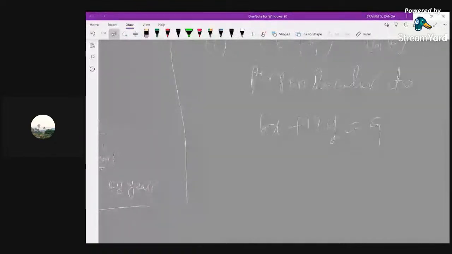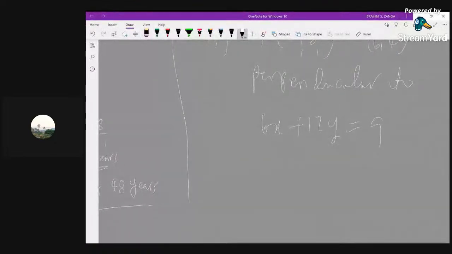First of all, we have to know the slope of the given line, since the required line is going to be perpendicular to it. I'm going to make y the subject.